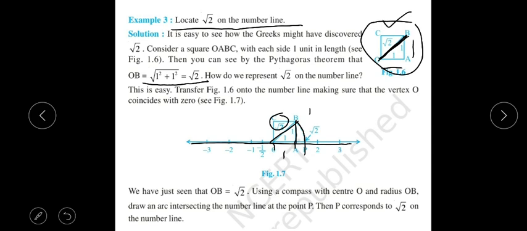So OP is the distance of root 2. So point P represents the distance root 2. This is how we can locate any irrational number on the number line.